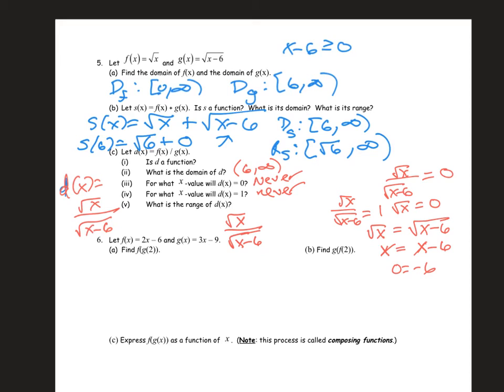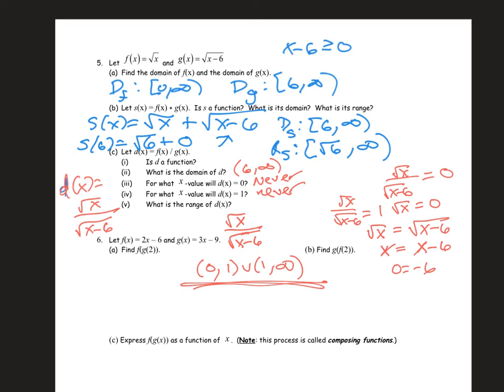I also know it can never be negative, right? Because coming out of a square root can only be positive, so I've got a positive over a positive. So I know it can't be 0. I know it can't be 1. So the question is, is it all of this here or not?